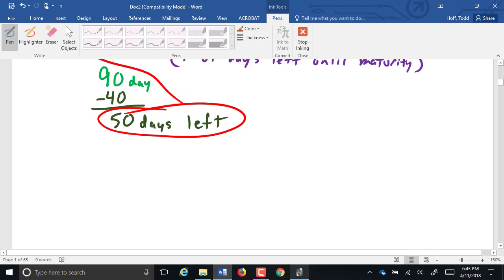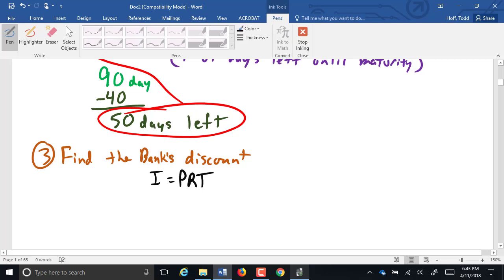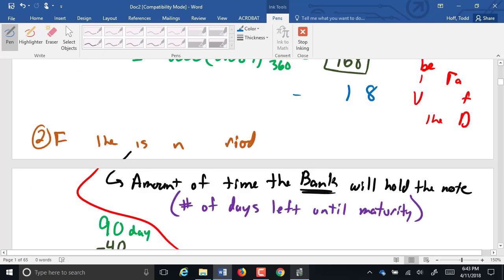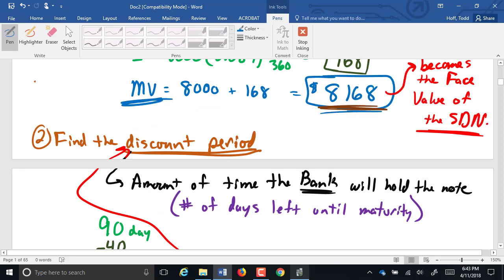Step three. Find the bank's discount. This is back to I equals PRT, where I is the amount of the discount, the principal is the maturity value of the simple interest note. So that maturity value was, remember, 8,168.